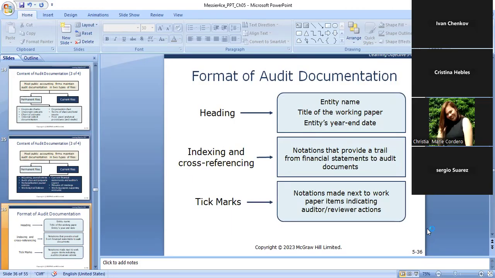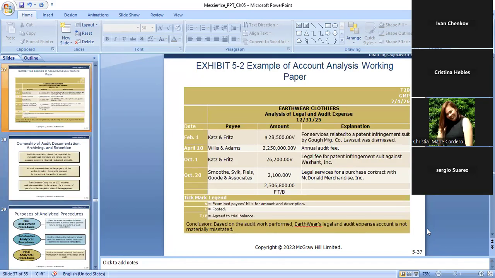Now, what's the format of the documents? Now we're going to go deep into the documents. They have to have a heading, an index and cross-referencing, and tick marks. This is how it's going to be, but later I'm going to show you other things. So first, who is the payee, what's the amount, what kind of explanation we have in terms of the evidence that we gather.